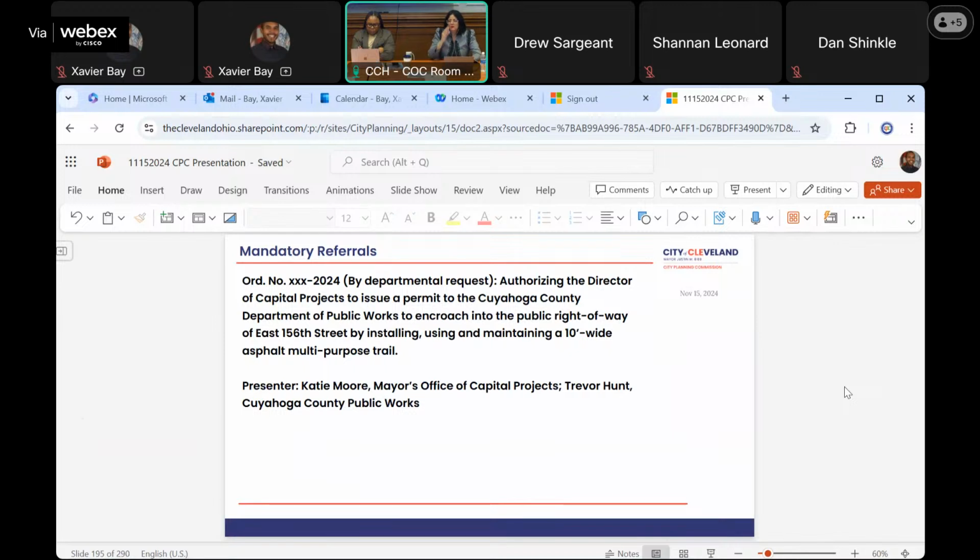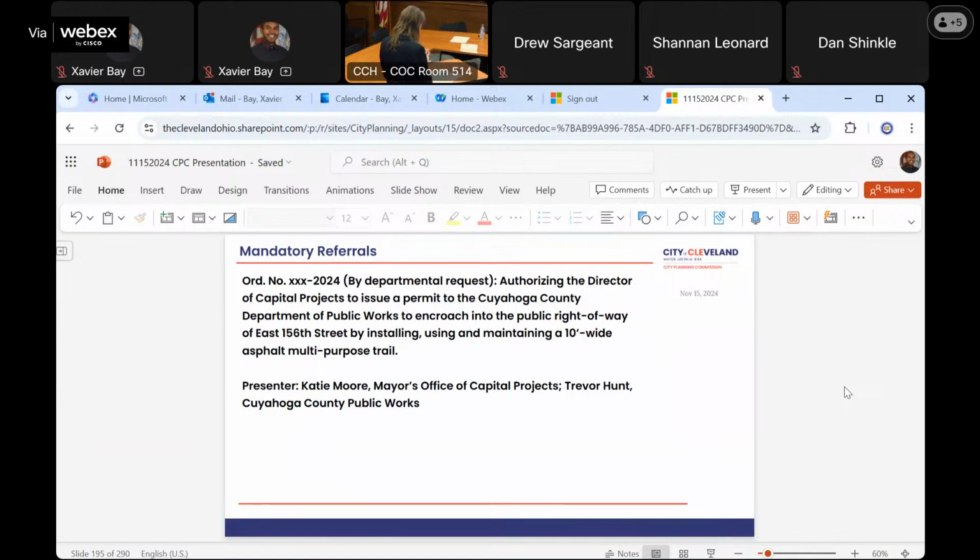Thank you. Katie Moore, Special Project Manager with the Mayor's Office of Capital Projects. We are presenting an item for the Euclid Beach Connector Trail, which is a trail for Cuyahoga County. When it is introduced on Monday, it'll actually be a single item. So the motion today will be fine, but just so you know, Law is going to combine it for introduction.